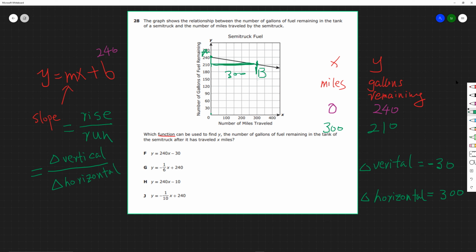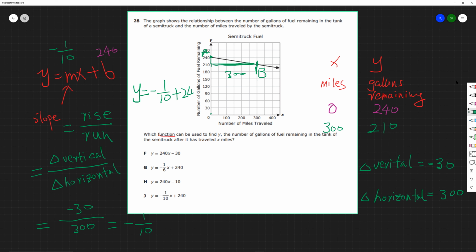Now let's put them into our slope. Vertical difference, negative 30. Horizontal difference, 300. And if we simplify this, we will have negative 1/10. That is our slope. So in the function, m is negative 1/10. The b is 240.